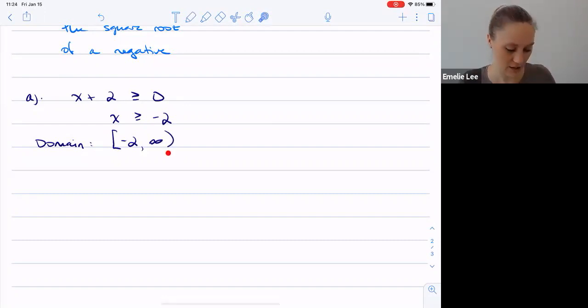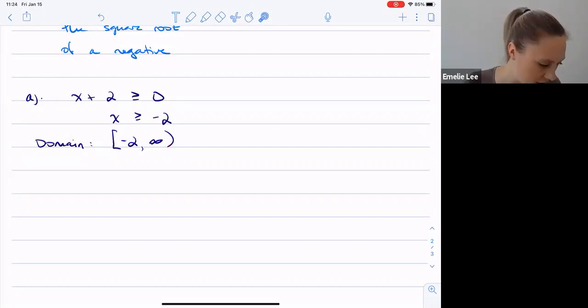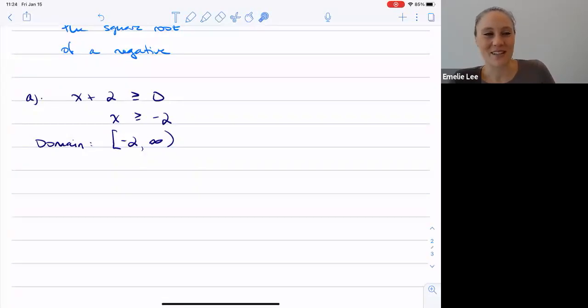And I can't remember if I mentioned it in this class or if it was another class. I get better as the term goes on at keeping my classes separate in my mind, but for now, I can't remember if I mentioned it, but infinity is not actually a number.